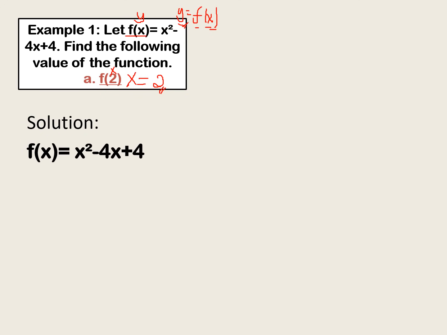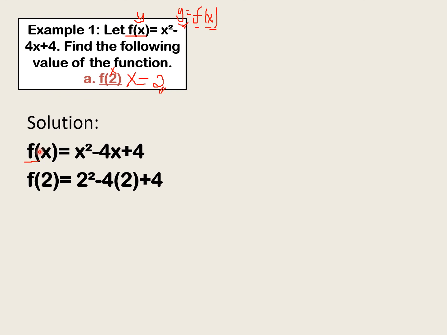First thing we have to do is to copy, of course, the function. So, f of x, gamitin ko lang itong laser point natin. So, f of x, which is equal to x squared minus 4x plus 4. And, of course, next is to what? Since our x here is 2, we're going to substitute the value of x to our given function.